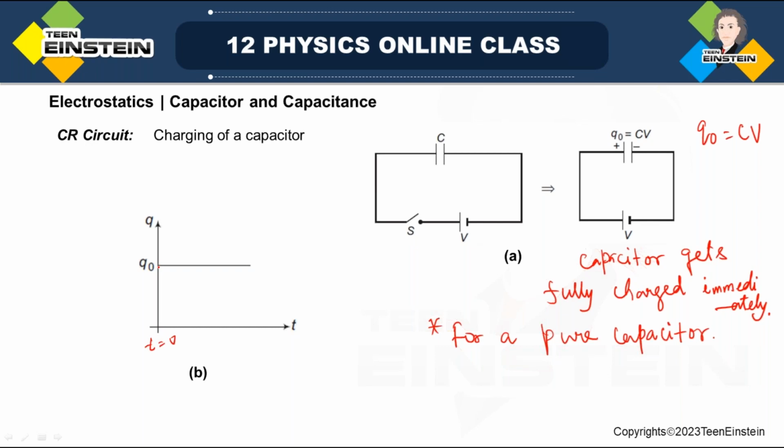That charge will continue as time elapses, so you will get a curve which is parallel to the time axis. This is the case when a pure capacitor is being charged by connecting it with a DC battery.